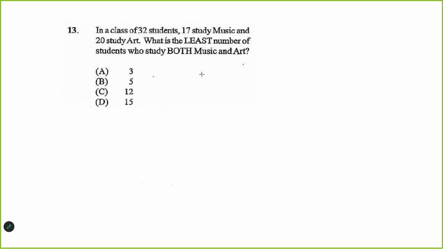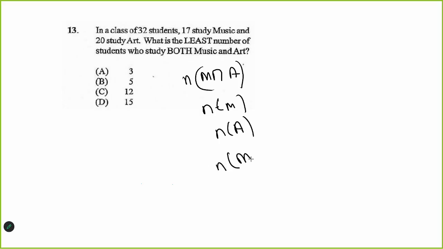So we know that music intersect art would be both music and art. The number of students for music, the number for art, and the number for music and art.